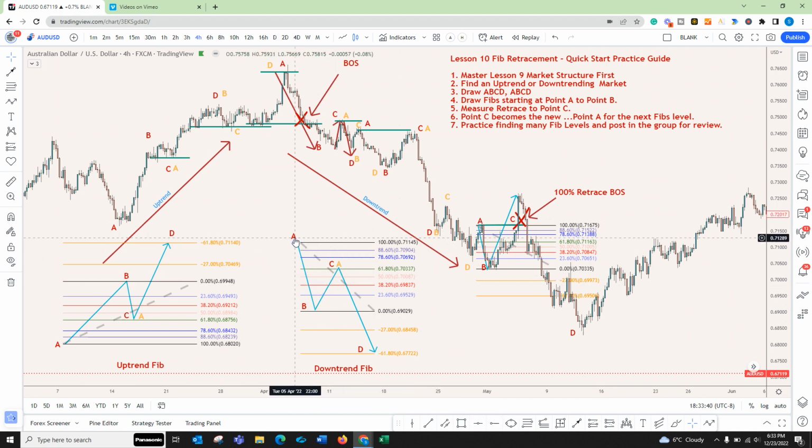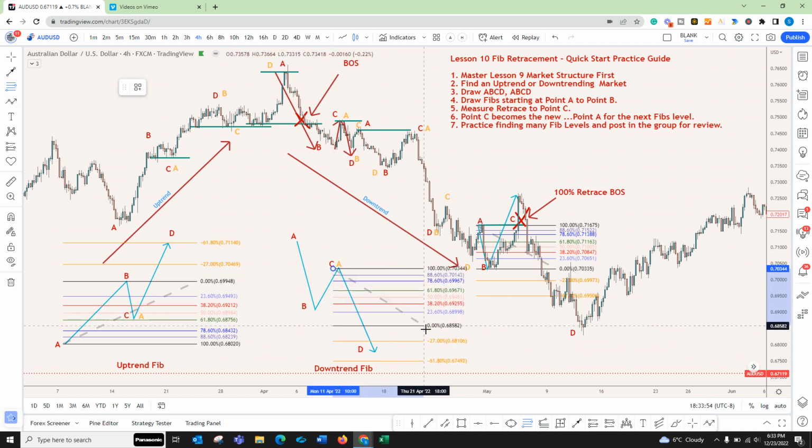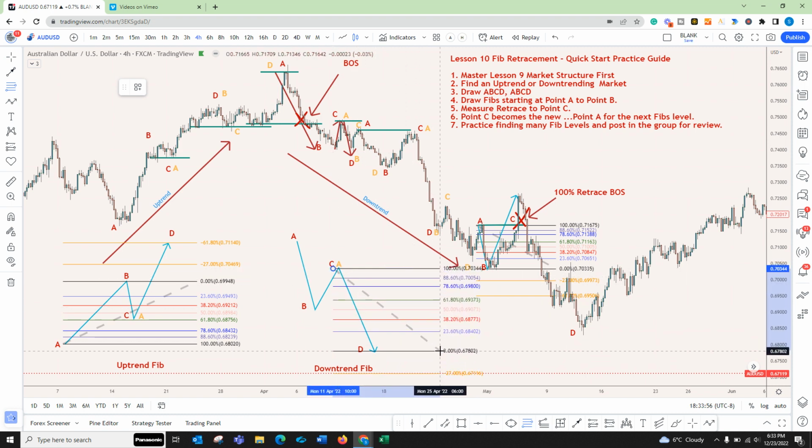Just like this, point A to point B to C to D, C becomes the new point A. So here, if I was going to draw fibs on this next one, I would go from there, point A to point B. This would be the next fib. So A, B, C, D. Do you get it? Hope you get that.